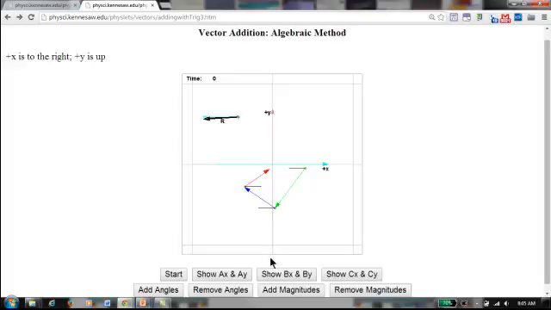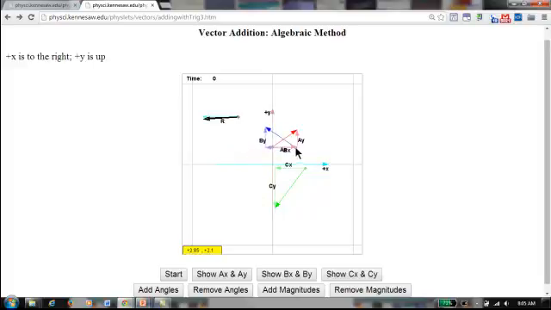Now Ax and Ay, you see them there, Bx and By, Cx and Cy. So for example, if I'm going to add the x components, I'm going to focus on Ax, then I'm going to add to it Bx here.